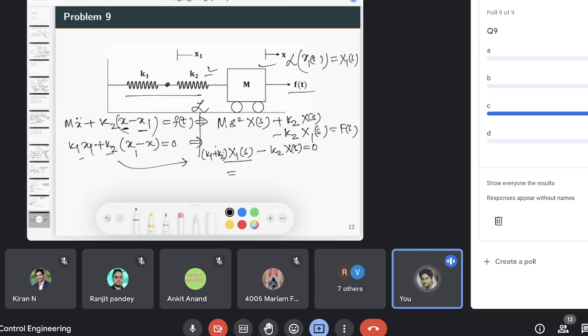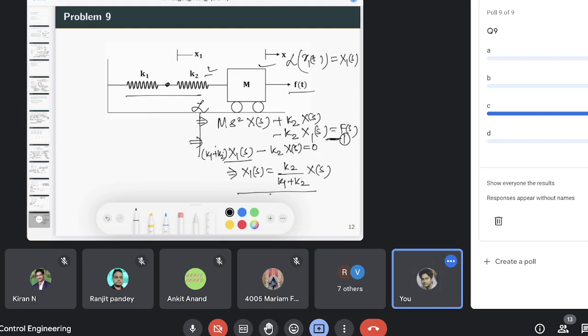From this second equation you can solve for X1, which is k2 by k1 plus k2 times X(s). Then use this to eliminate X1 from the first equation: m s square X(s) plus k2 X(s) minus k2 square by k1 plus k2 X(s) equal to F(s).